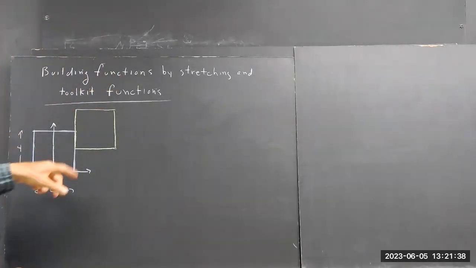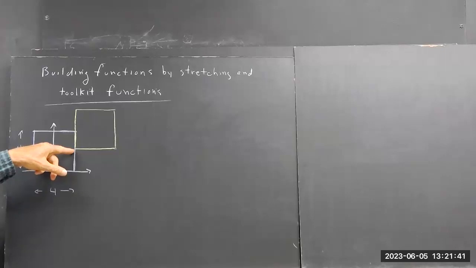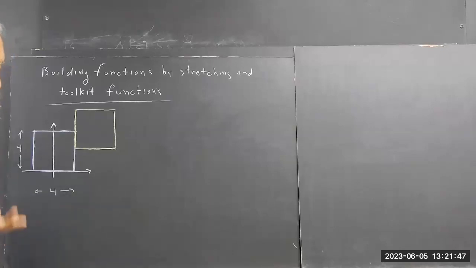Clearly, the lower left-hand corner of this box is going to correspond to the lower left-hand corner of this box. Now, how far did the lower left-hand corner of this box have to move in order to get here, and how far did it have to move in the vertical direction?